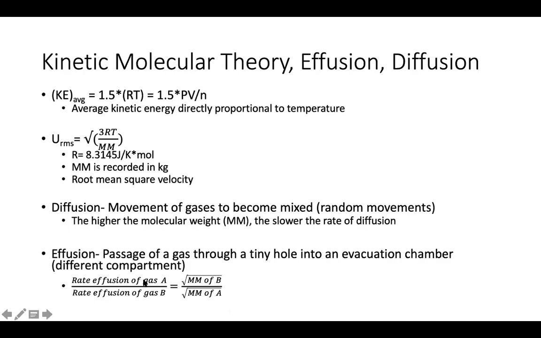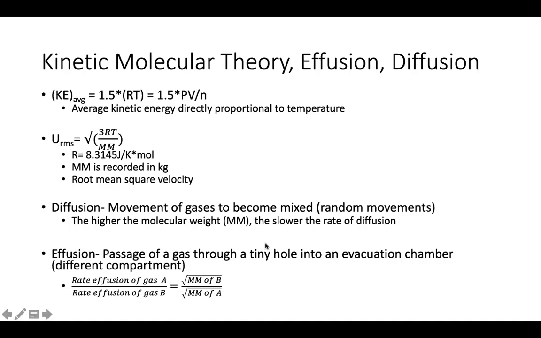The rate of effusion of gas A in relation to the rate of effusion of gas B is equal to the square root of the molar mass of B divided by the square root of the molar mass of A. Another thing I'd write on my sheet for the exam, because realize in the numerator on this side it's rate of effusion A, but on the other side of the equation the molar mass of A is now in the denominator. It's that little flip-flop. So definitely note that.